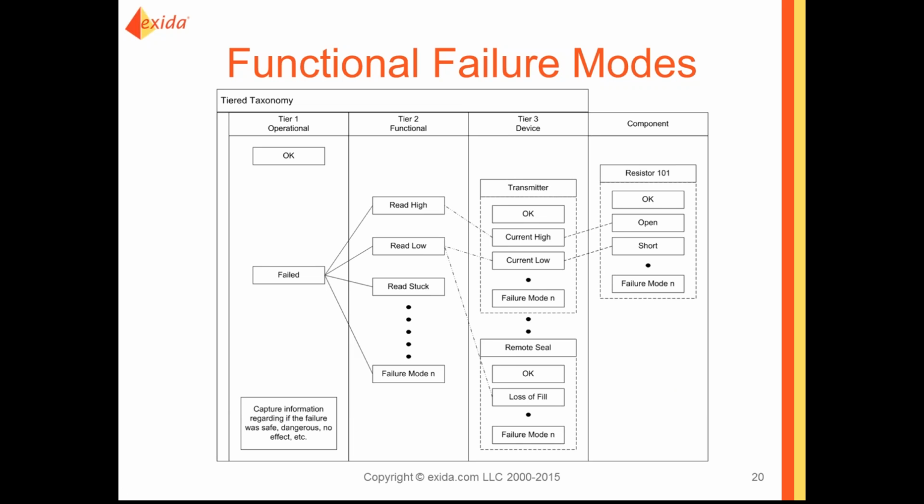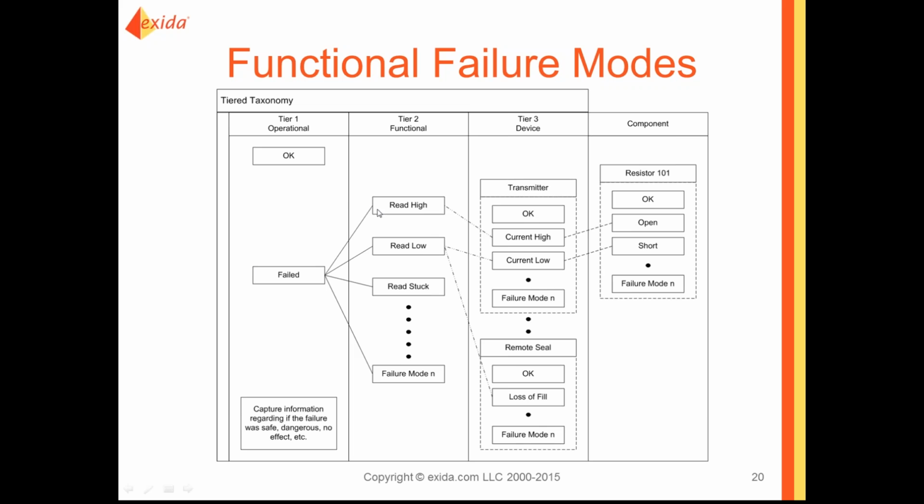Then a tier 2 analysis would go down and say, functionally, what didn't work? Oh, it was reading high, it was reading low, it was stuck. So that would, from a functional failure approach, tell you what function in that system didn't work. And then that could be traced back, going backwards.